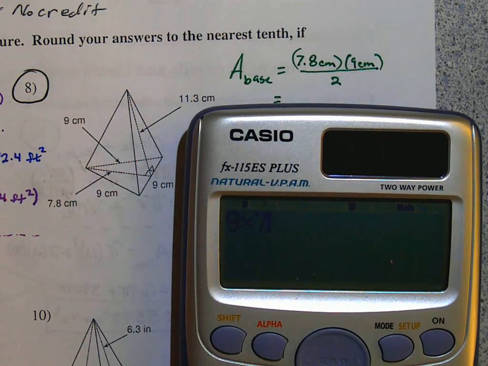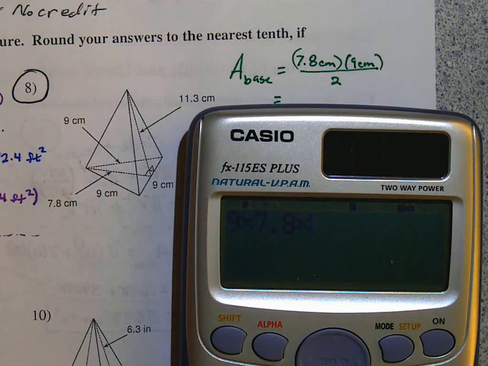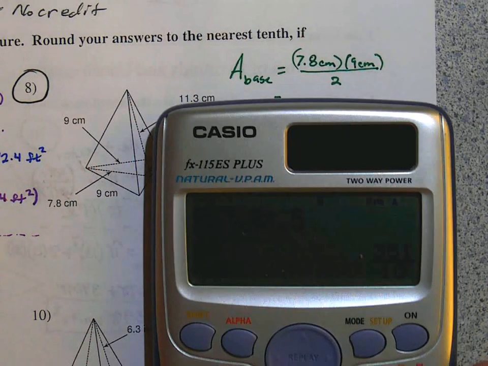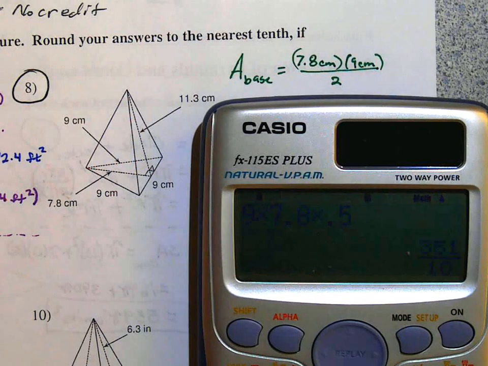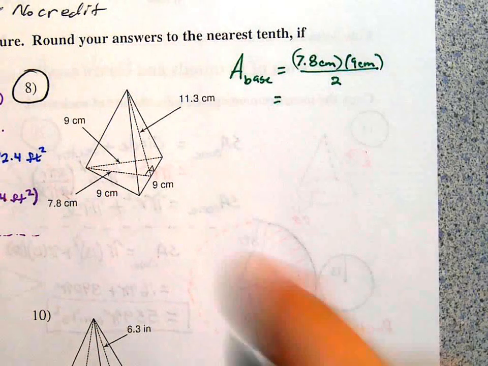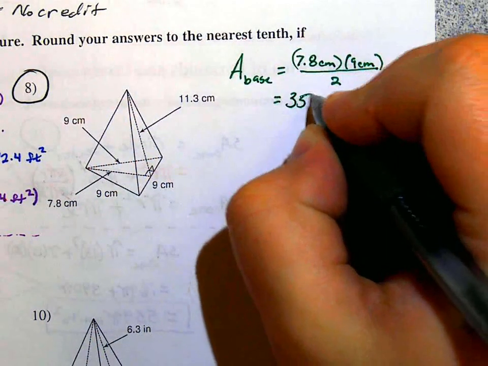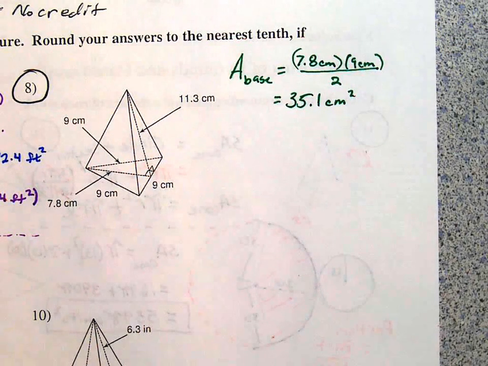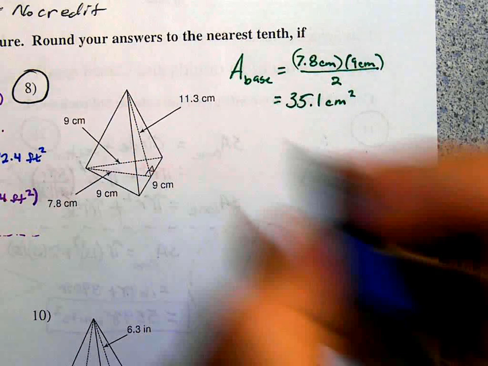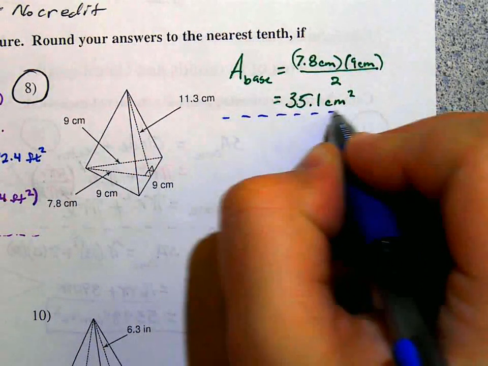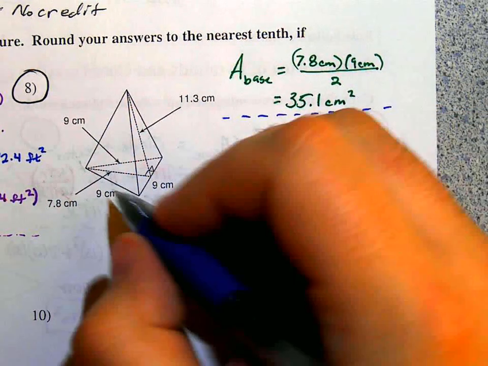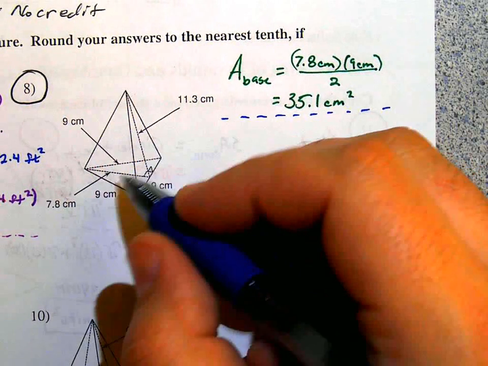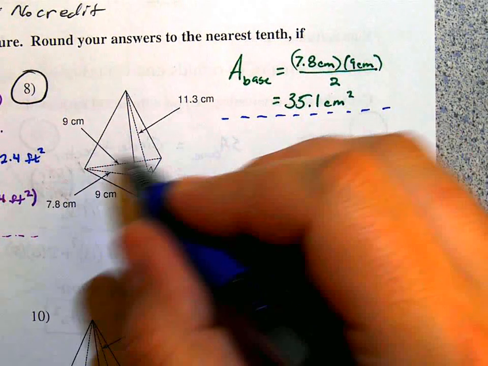Pull out my trusty calculator here. 9 times 7.8 divided by 2, or times 0.5. 351 over 10, so that's, what, 35.1, right? Centimeters squared.